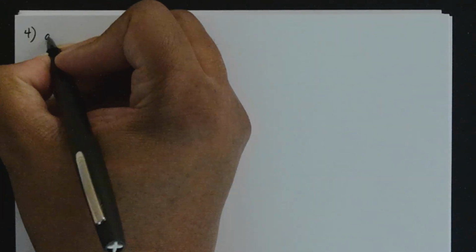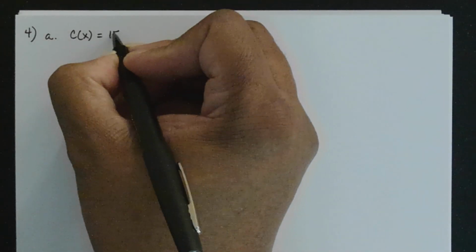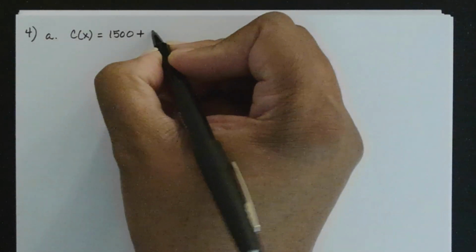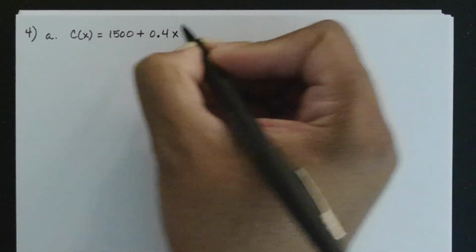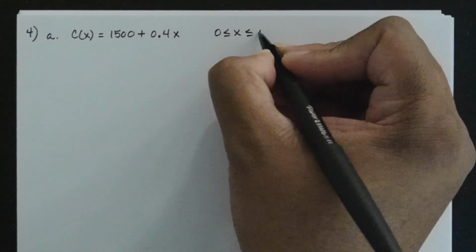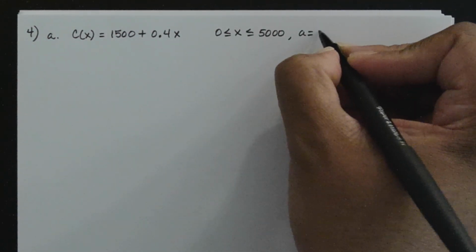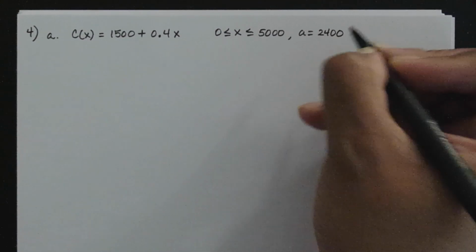So let's start with part A. So here we got c of x is equal to 1,500 plus 0.4x, x is in between 0 and 5,000, including those endpoints, and a is 2,400.